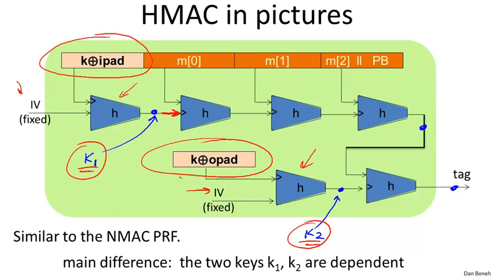And so to argue that K1 and K2 are pseudo-random and independent of one another, one has to argue that the compression function is not only a PRF when the top input is the key input, but it's also a PRF when dependent keys are used. But under those assumptions, basically the exact same analysis as NMAC would apply to HMAC, and we would get a security argument that HMAC is a secure MAC.